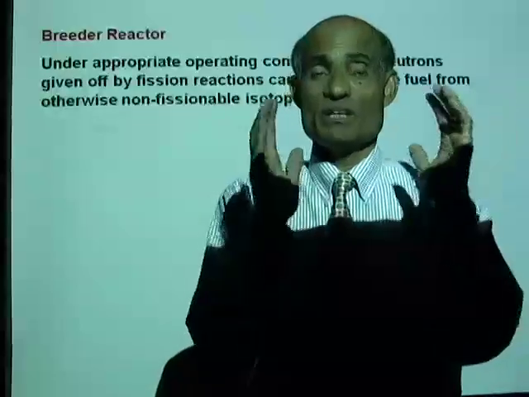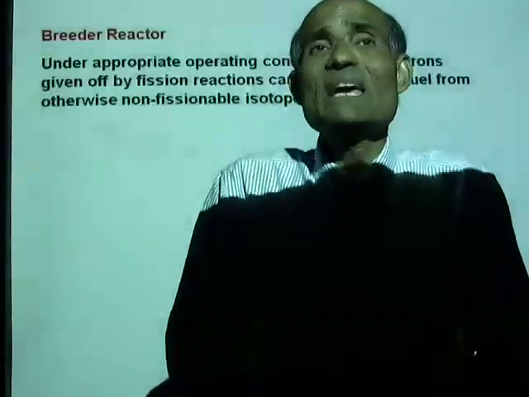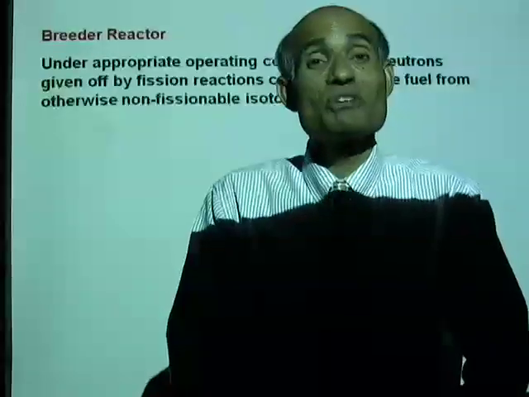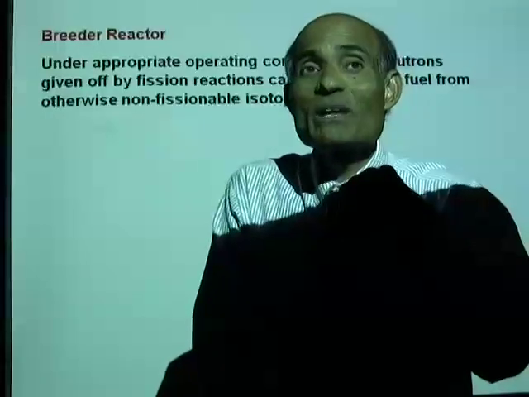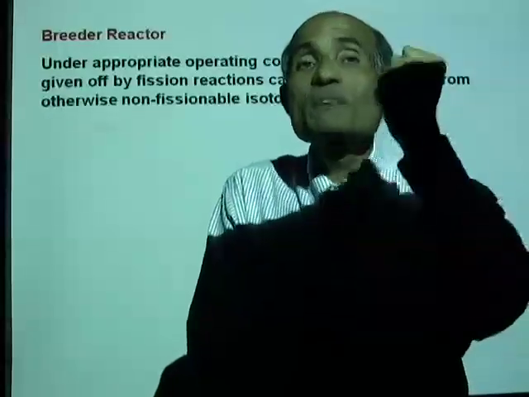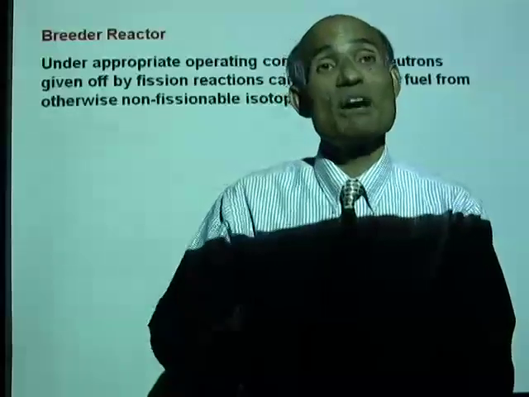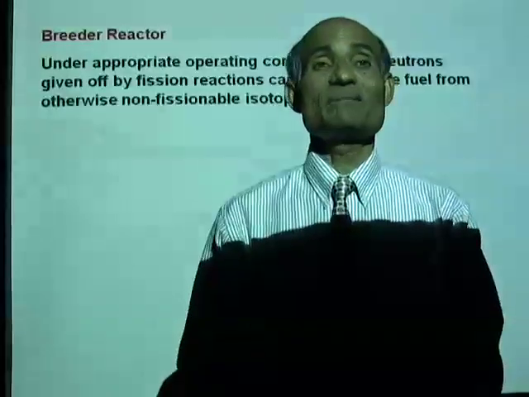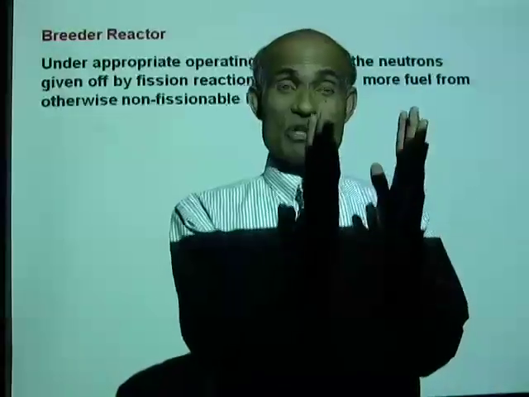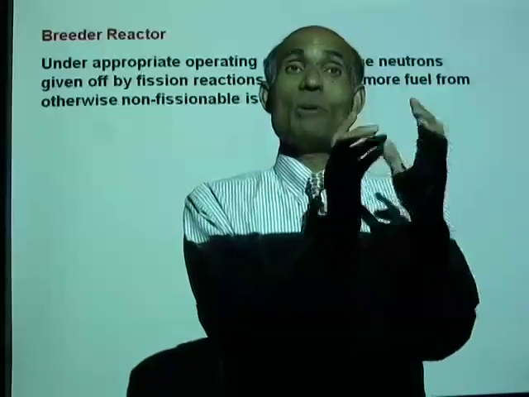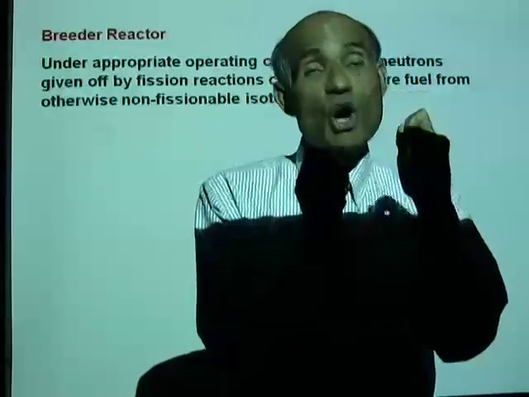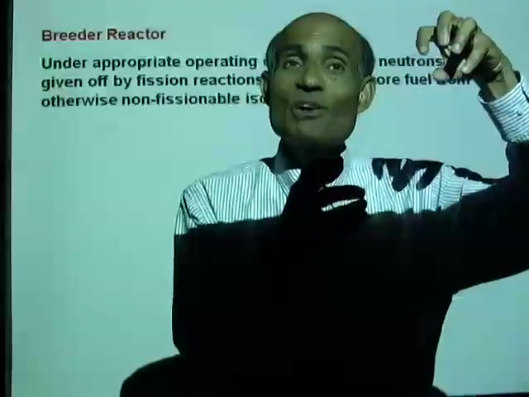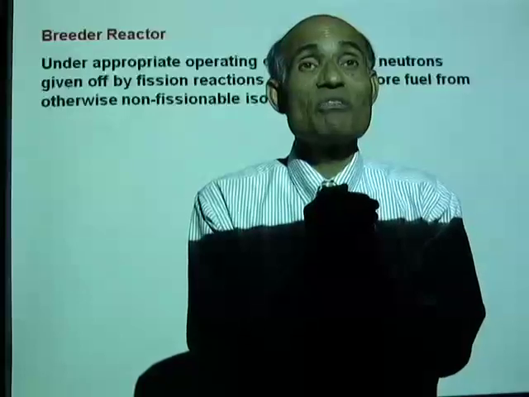That means if naturally occurring uranium contains, say, 0.1% of the fissionable material uranium-235, enriched uranium will contain about 15% of uranium-235. The rest are all non-fissionable uranium-238. So when you look at a fuel rod, most of the fuel rod is non-fissionable uranium-238. Only a small part of it is fissionable U-235.